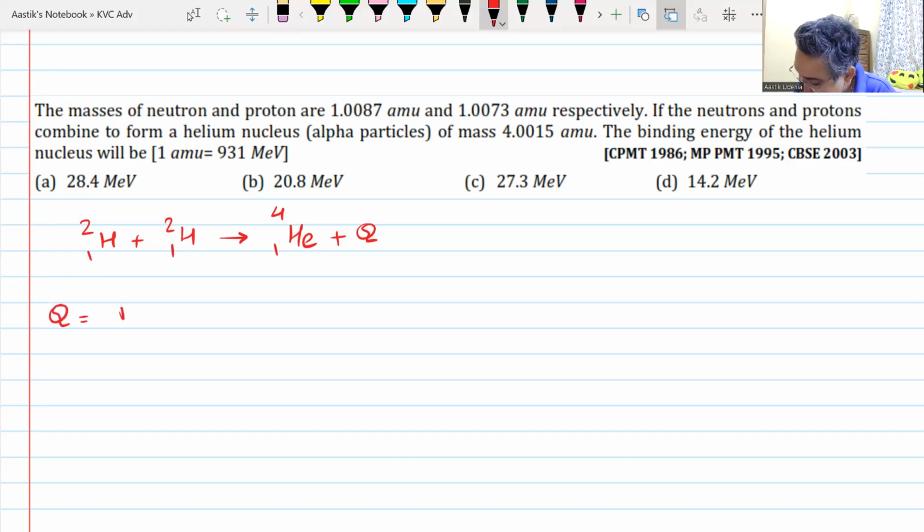Remember, the Q value of this reaction is binding energy of the products minus the binding energy of the reactants. Now you just need to put the values. Q value will be binding energy of the product.